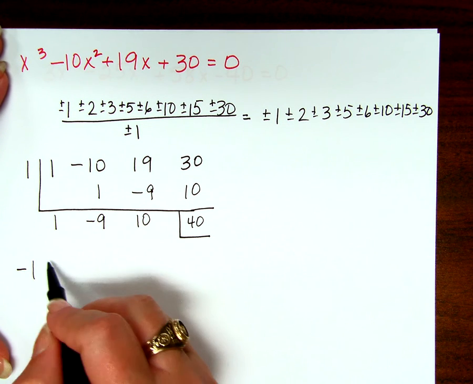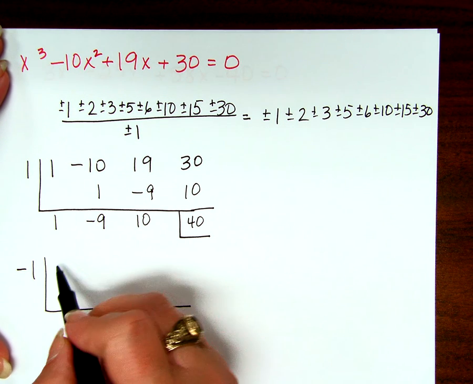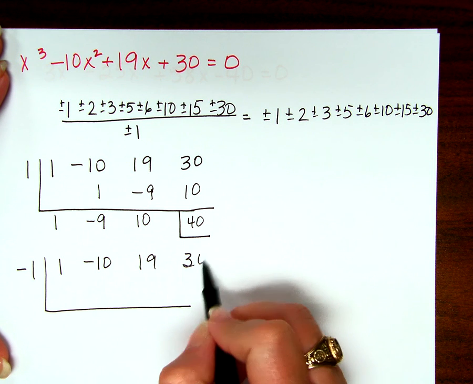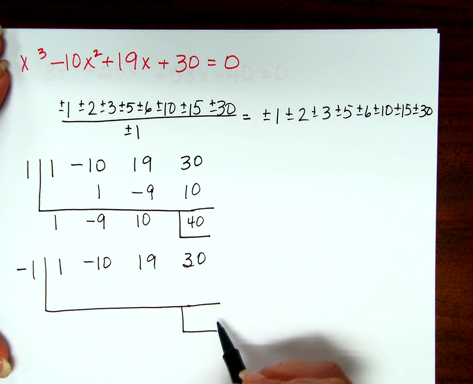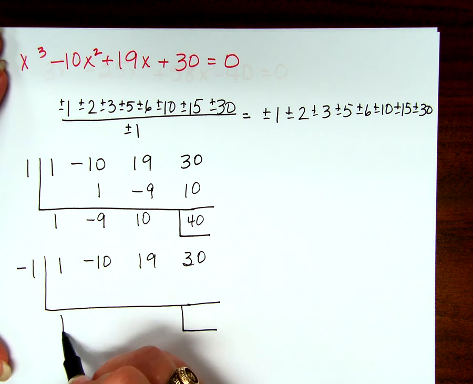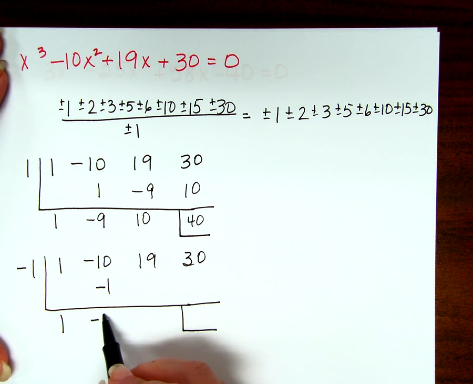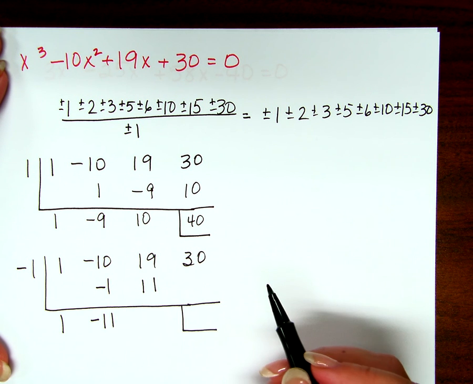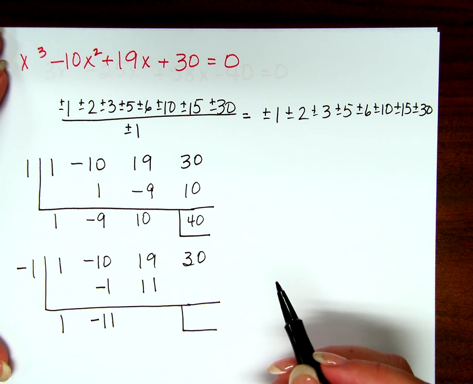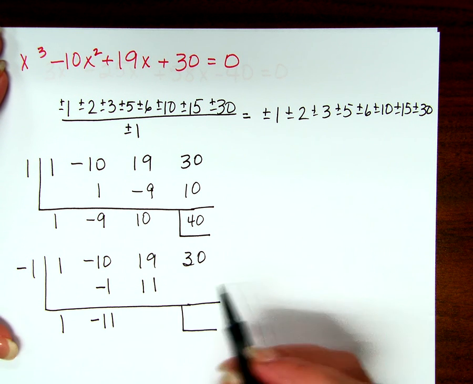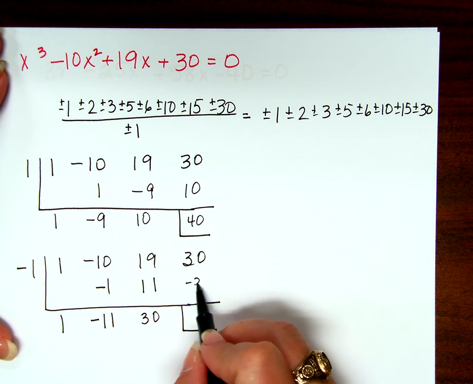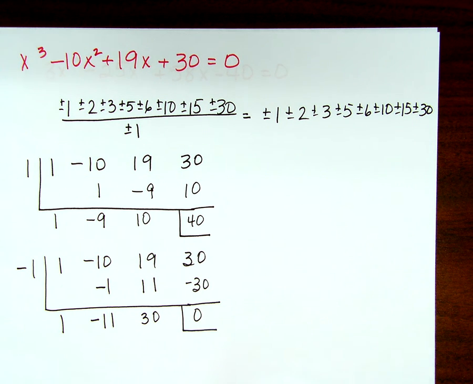Negative 1. 1, negative 10, 19, 30. 1, negative 1, negative 11, 11, 30. So nice.